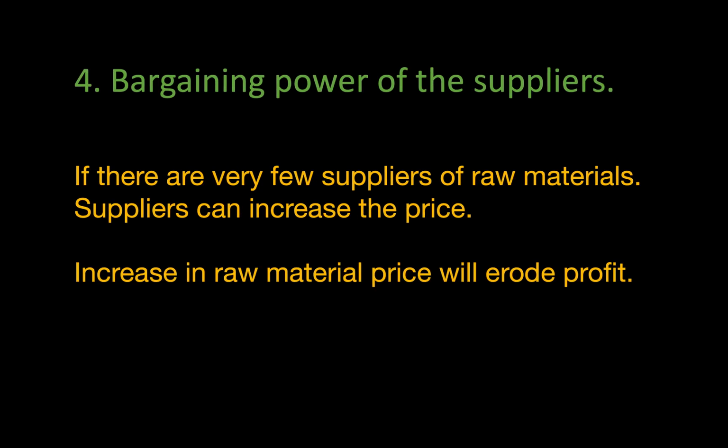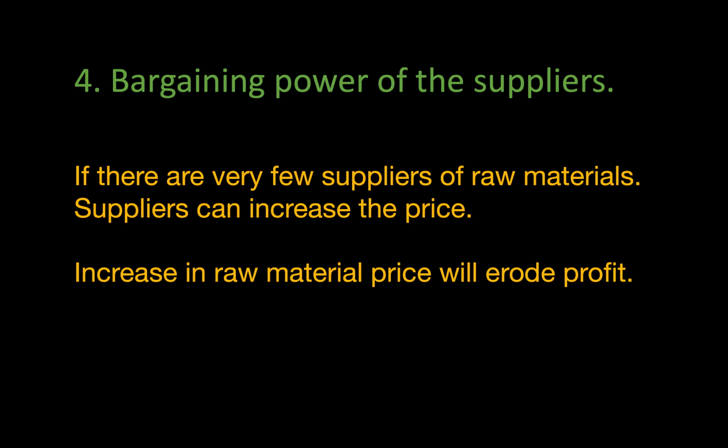Bargaining power of the suppliers. If there are very few suppliers of the raw material you are using, suppliers can increase the price anytime. They can bargain very hard with you. And if the price of the raw material itself is increasing, then your profitability will go down, because the final produce minus the raw material, the operation cost and every other cost which is there to make a raw product into a final product, determines your profitability, the difference between those two.